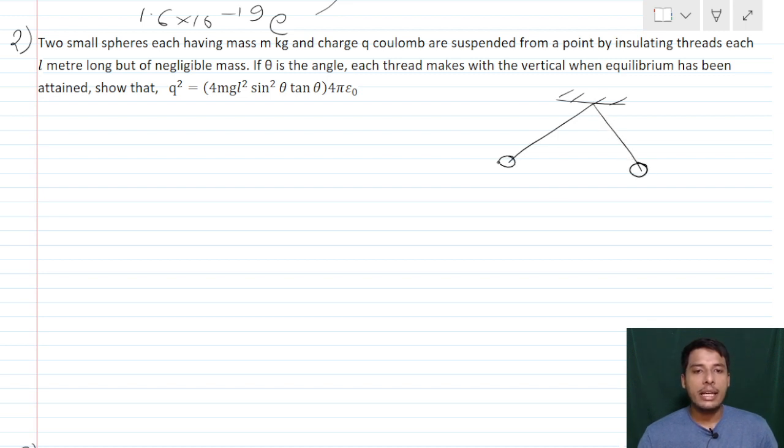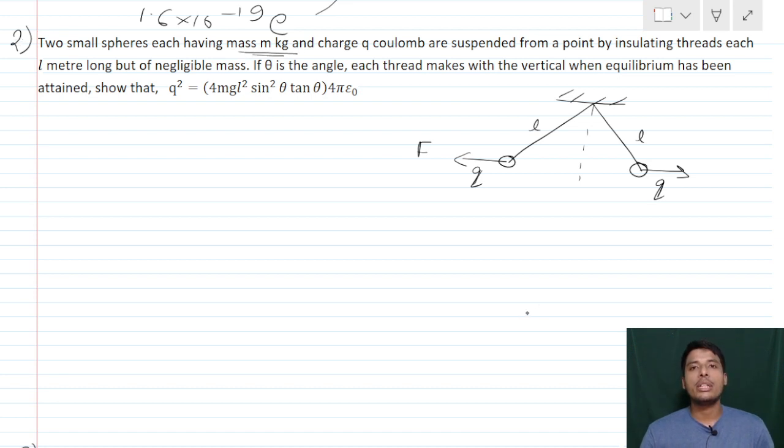These have a charge q and these have a charge q. The same charges q. We know that the same charges will repel each other. So if I want to draw the vertical line, the repulsive force will be along this direction. Here, the sphere has mass m kg.